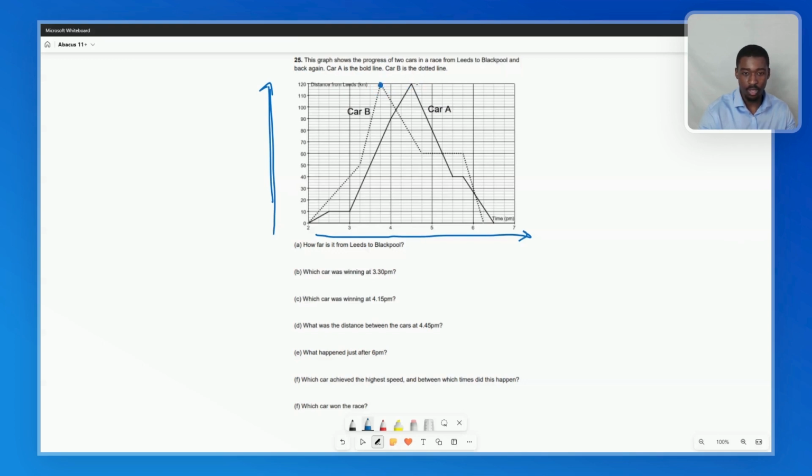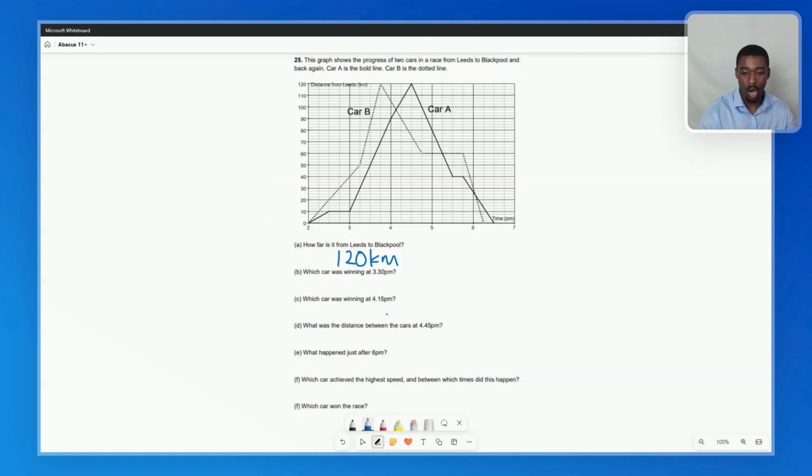And therefore, if they reach Blackpool after 120 kilometers that they've traveled from Leeds, then it makes sense that Leeds is 120 kilometers away from Blackpool. So our answer should be 120 kilometers.